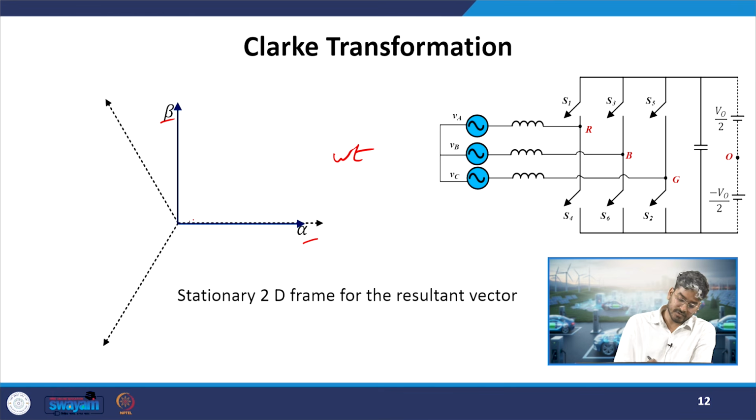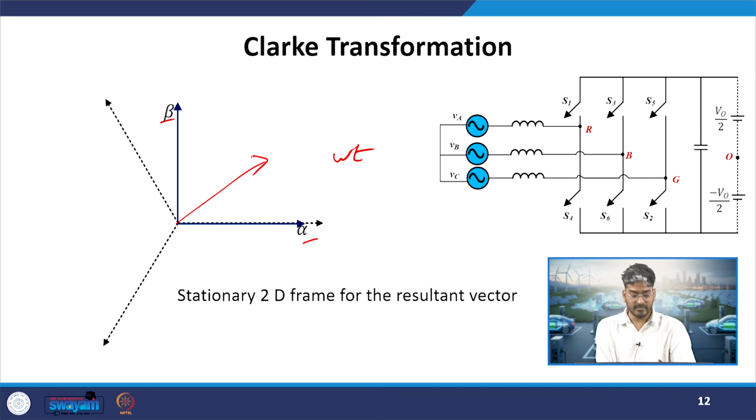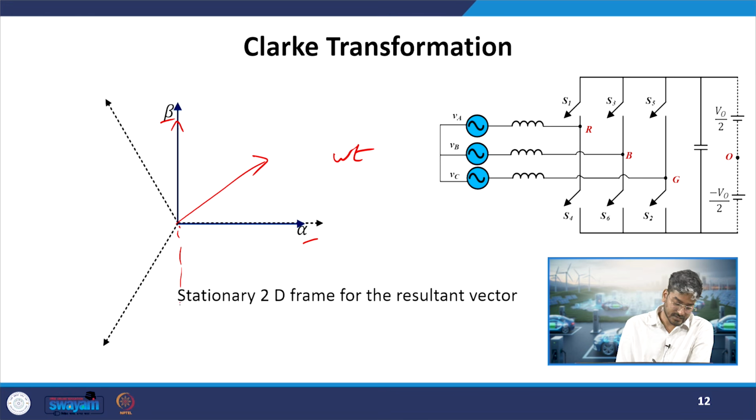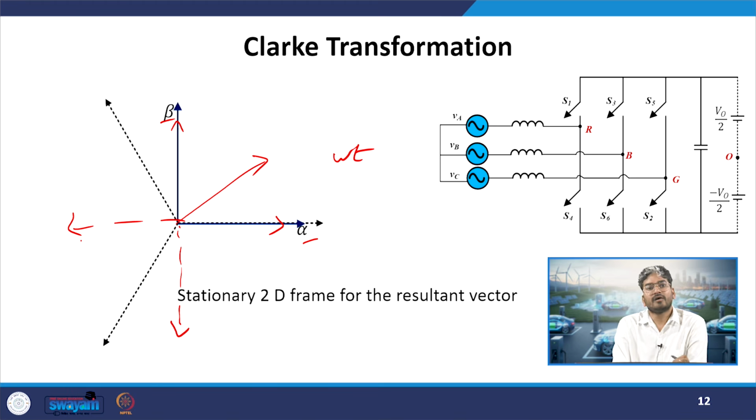Now if I observe this rotating vector, which has a magnitude of 1.5, and see the projection of this resultant vector on the alpha and beta axes, I will observe two sinusoidal quantities. It will exhibit sinusoidal motion, simple harmonic motion, SHM, and this is how I obtain two quadrature components. Why are these quadrature components important for us?